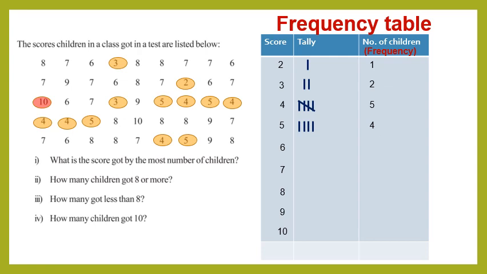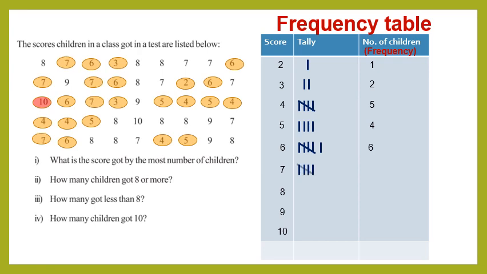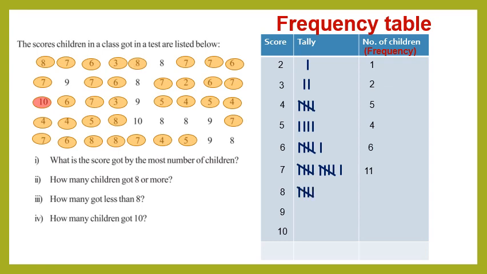Next is count 6. 1, 2, 3, 4, 5, 6. Then write 6 here. Next is 7. Count 1, 2, 3, 4, 5, 6, 7, 8, 9, 10, 11. Then write 11 here. Next, count how many times score 8 is repeated. 1, 2, 3, 4, 5, 6, 7, 8, 9, 10.